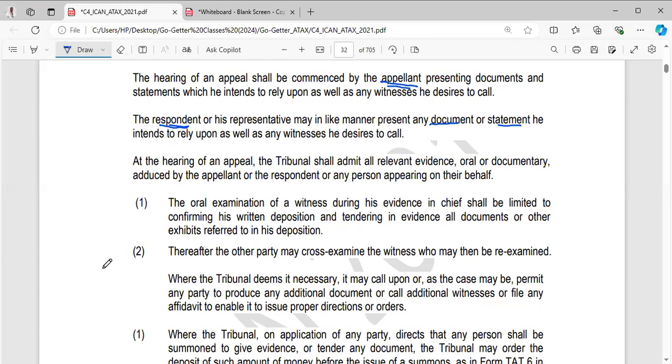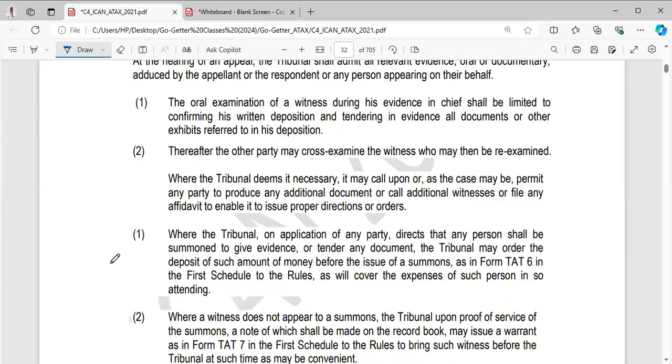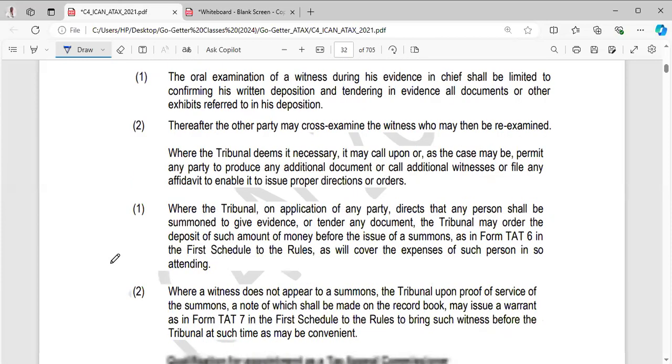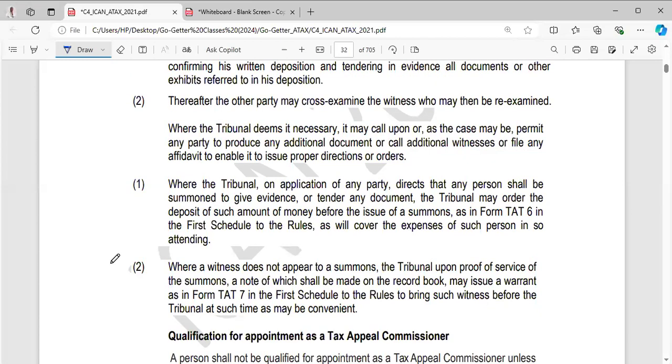Where the tribunal, on application of any party, directs that any person shall be summoned to give evidence or tender any document, the tribunal may order the deposit of such amount of money before the issue of a summons as in Form 36. So this is to cover the expenses of such a person attending.